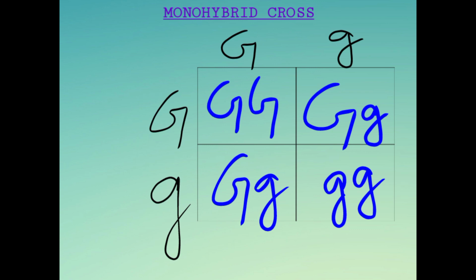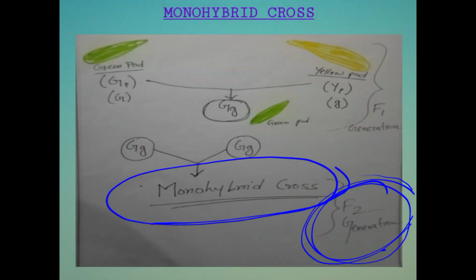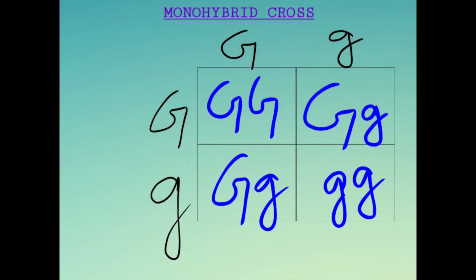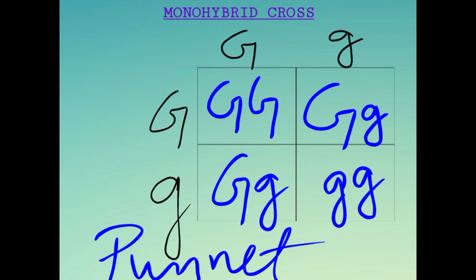We are just doing like this. In this box, G and G is present, so capital G; here small g and capital G, so capital G small g. So this is how we have done. Doing this in this type of square is known as the Punnett square. What is it called? The Punnett square.